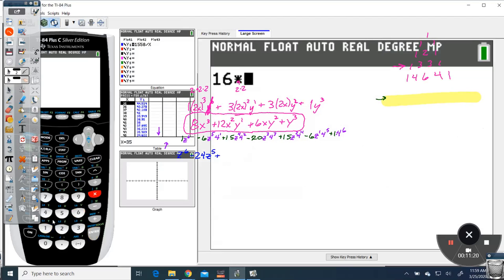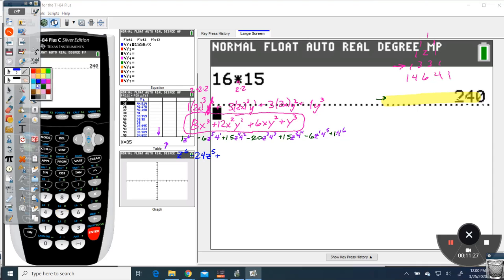So 16 times 15 is 240. So plus 240 z to the 4th.